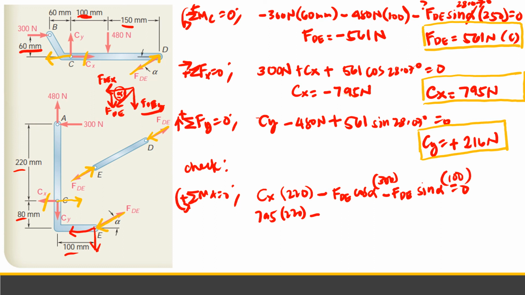So, FDE is 561 times 300 cosine 28.07 degrees times 300 minus 561 sine 28.07 degrees times 100 equals 0.